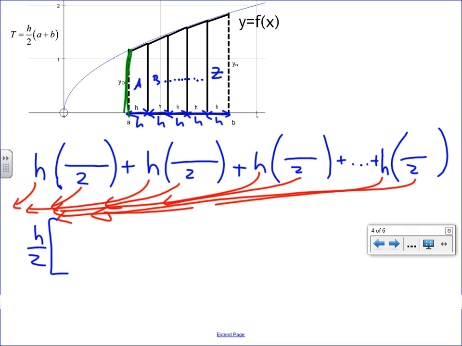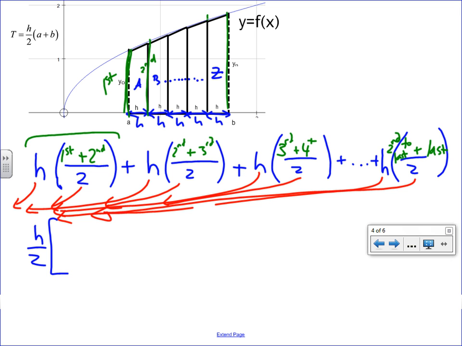They're all y values, all of these, and then you've got the first one, the second one. So actually, I'll just call it first. This is the first y height, and then the second y height. And this bit would be the area of the first trapezia. Then I'd have the second and the third. Then I'd have the third and the fourth. And then all the way to the end, I'd have the last and the second to last.